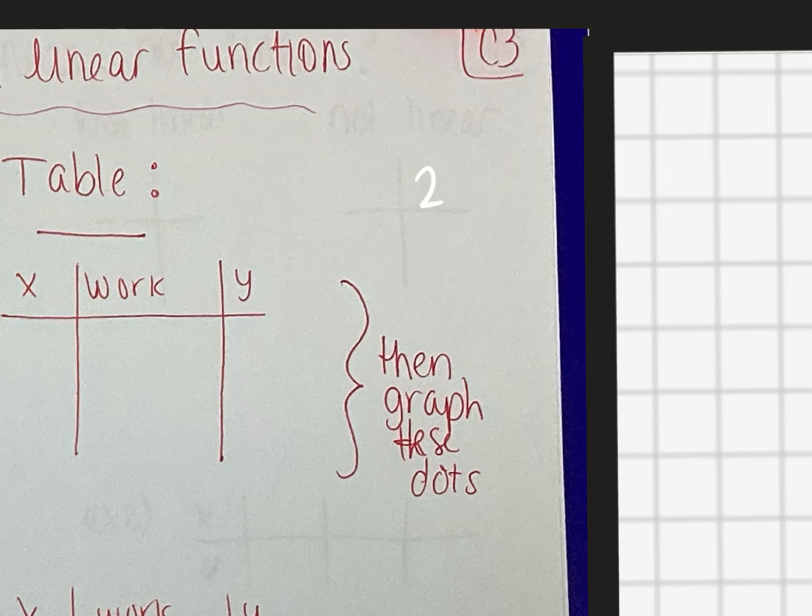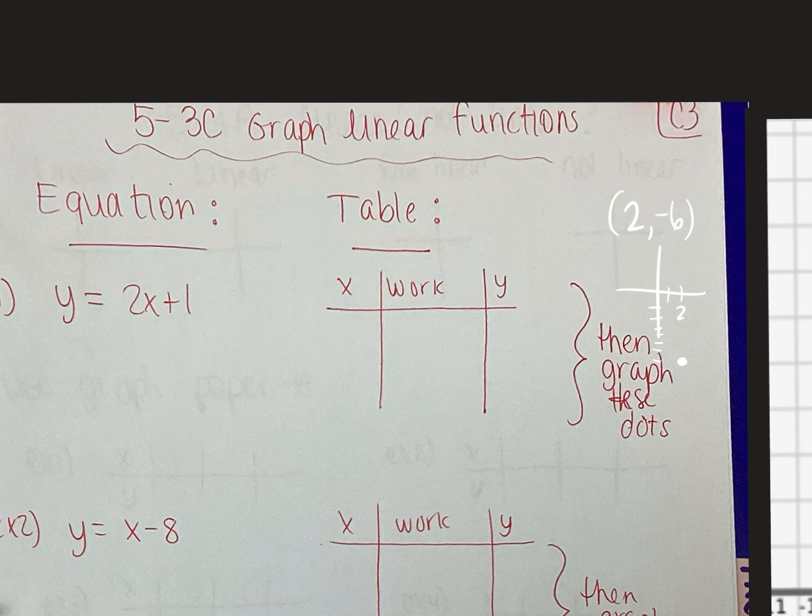So if I have 2, -6, that means that I go sideways to 2 and I go down to -6 and I put a dot. We had a quiz about how to graph dots. So today's lesson is taking 2 things you know how to do, equation to table, then taking the table and making ordered pairs out of them so you can graph them.